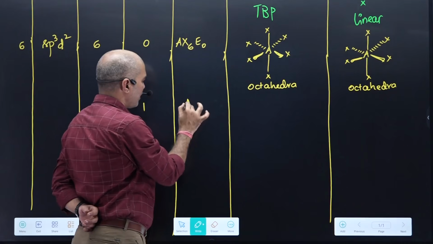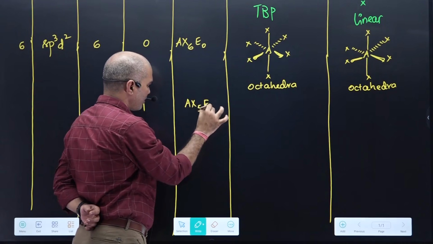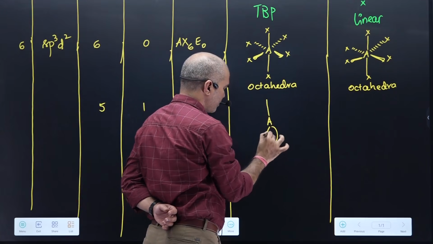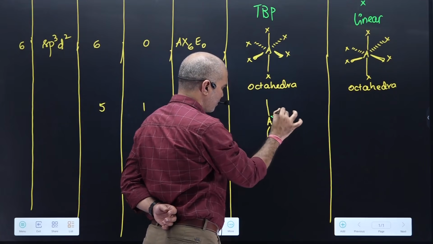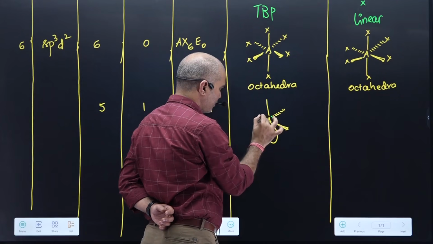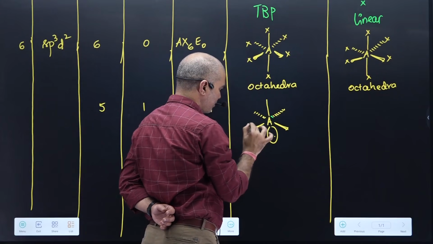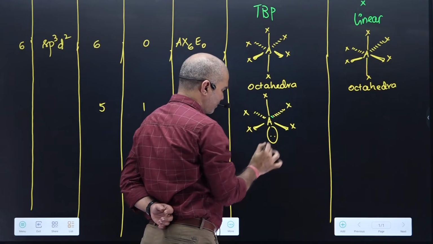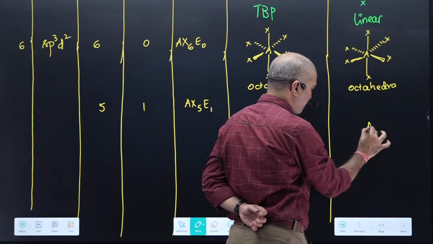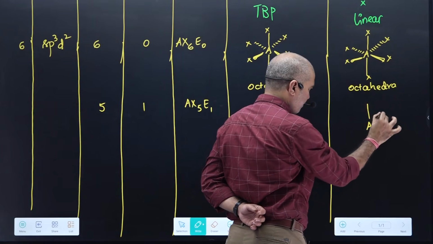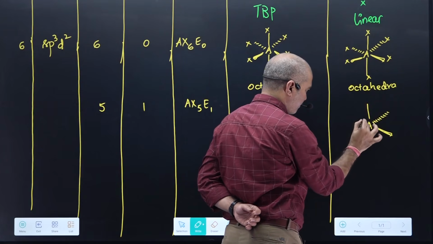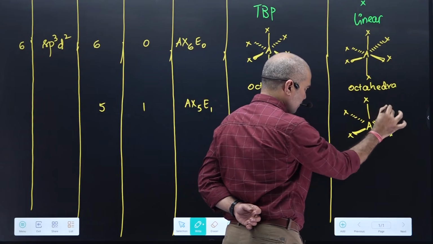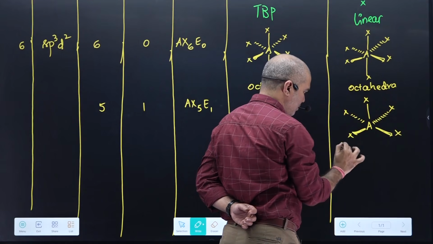5-1 will become AX5E1. What is the geometry?